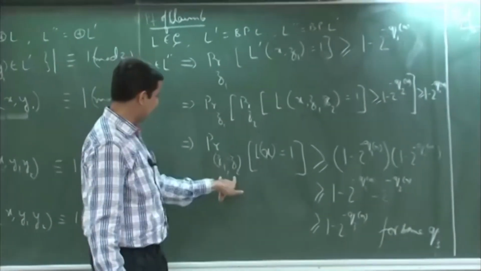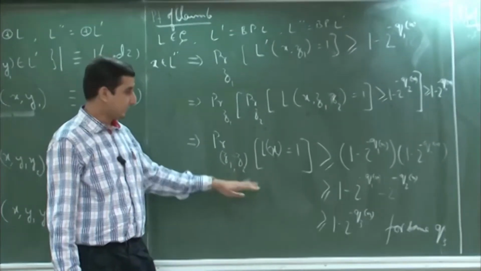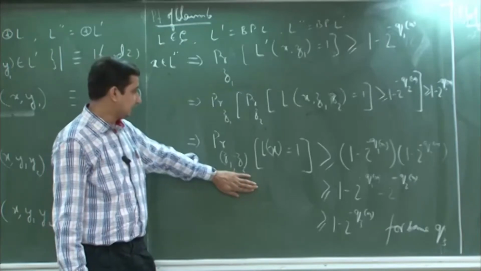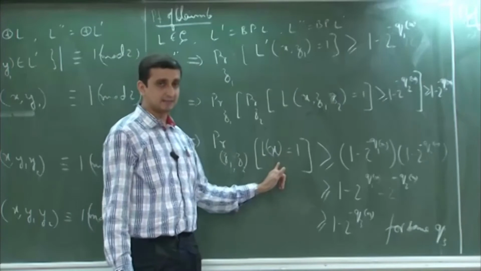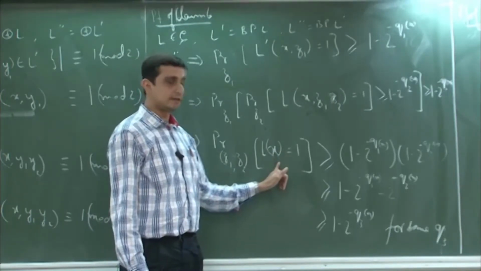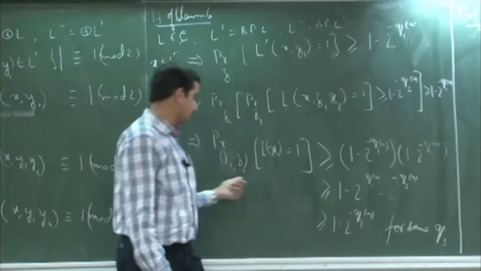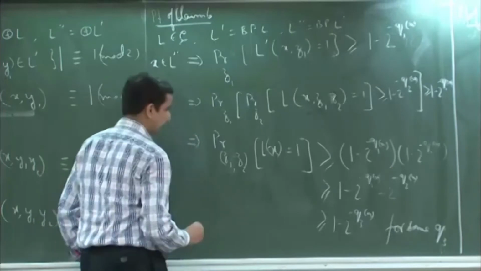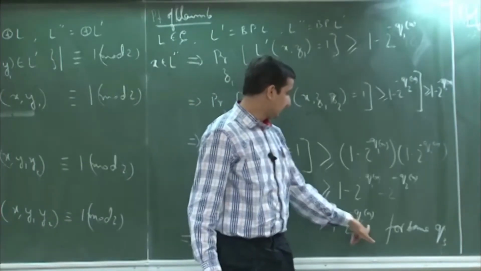Here I am saying that think of this as a random string. The fraction of random strings that are good for x acts as positive evidence for x, and it is at least this much. This number we know is some polynomial q3.